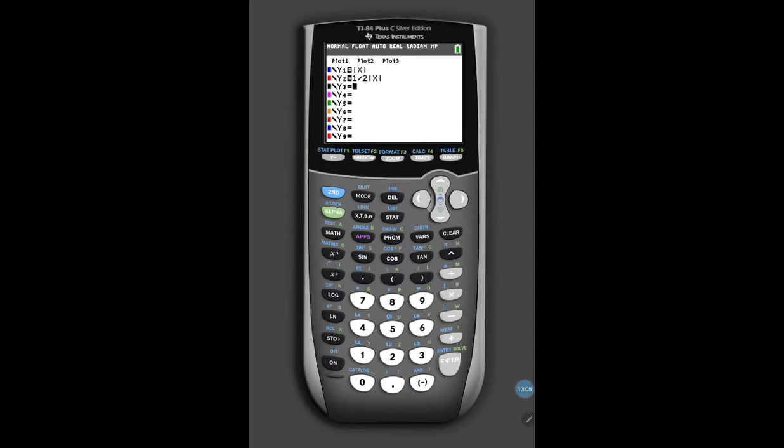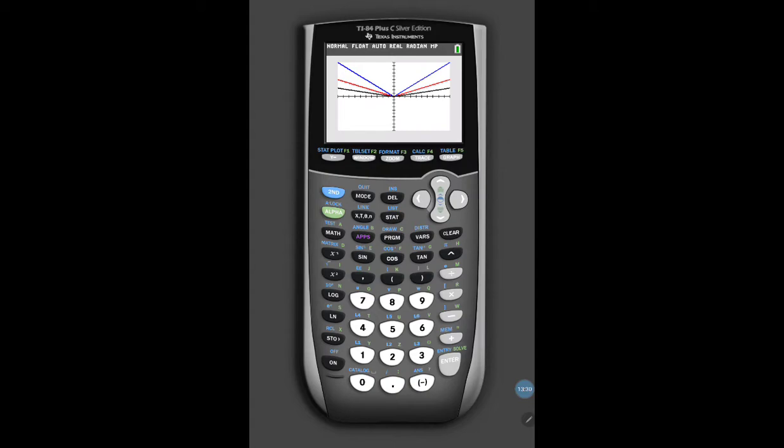Let's try like 1/4 absolute value of x. And it got even wider, it got even more compressed.